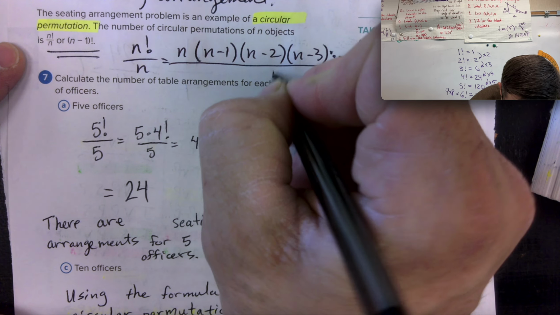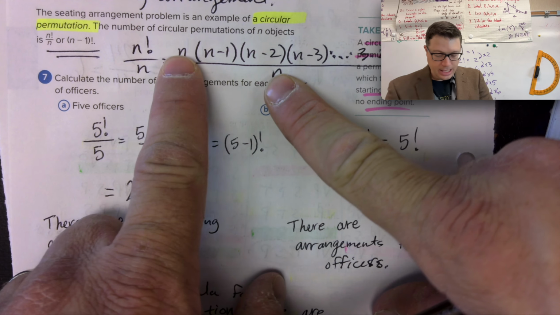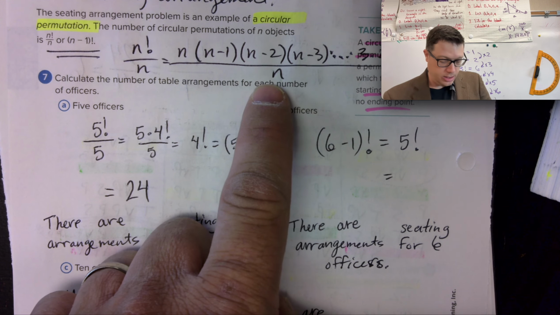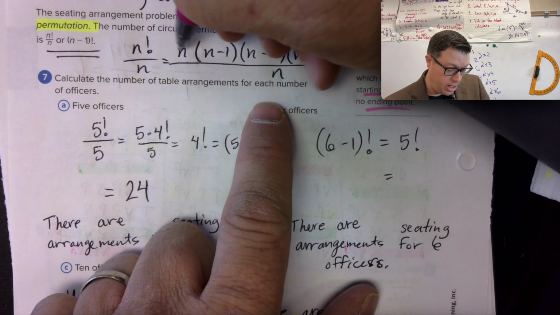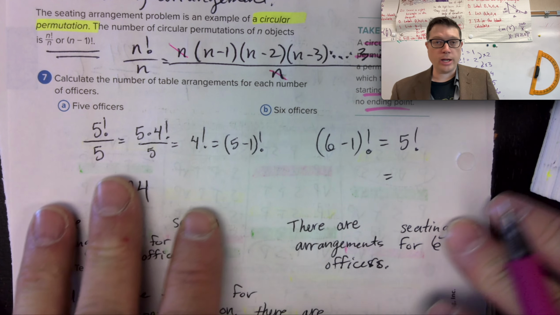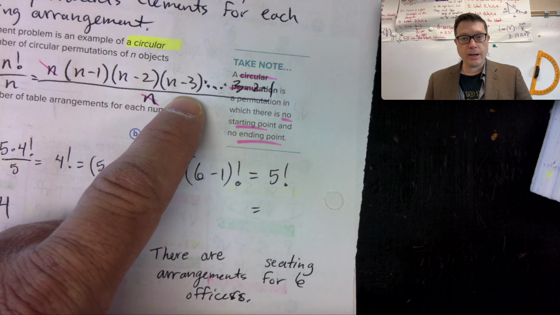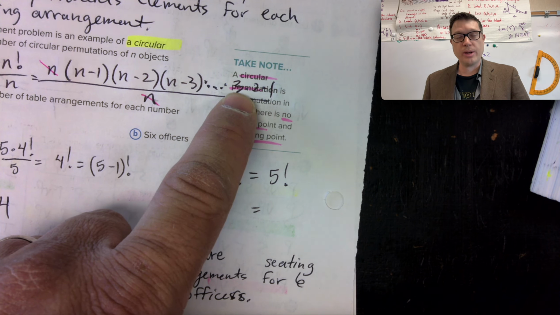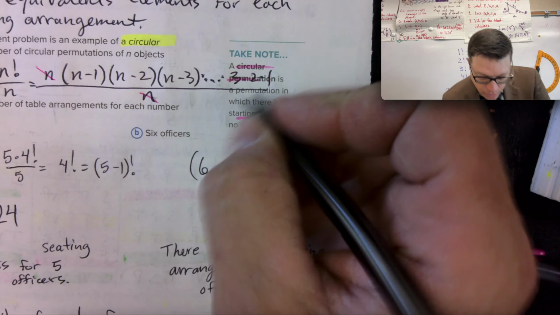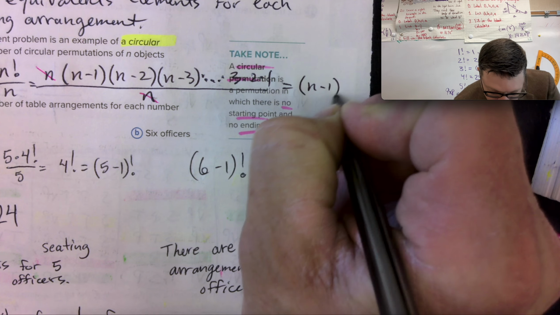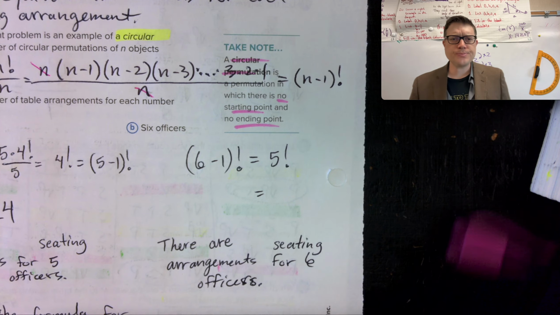And we're dividing by n. So this n and this n, they're not in parentheses. They are factors. They reduce to 1. And what you're left with is n minus 1, n minus 2, n minus 3, all the way down to 3, 2, 1, which can be rewritten as n minus 1 factorial.